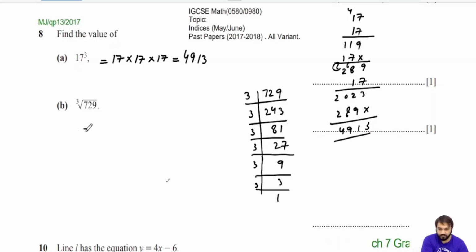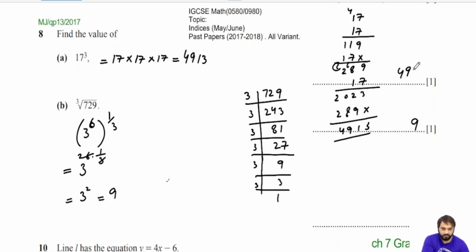So I can write (3 raised to power 6) whole raised to power 1 over 3. So we have power of power, we multiply 3 raised to power 6 into 1 over 3. We can cancel them, 3 times 1 is 3, 3 times 2 is 6. So 3 square, that is equal to 9. The answer to this question is 9, and this one is 4913.